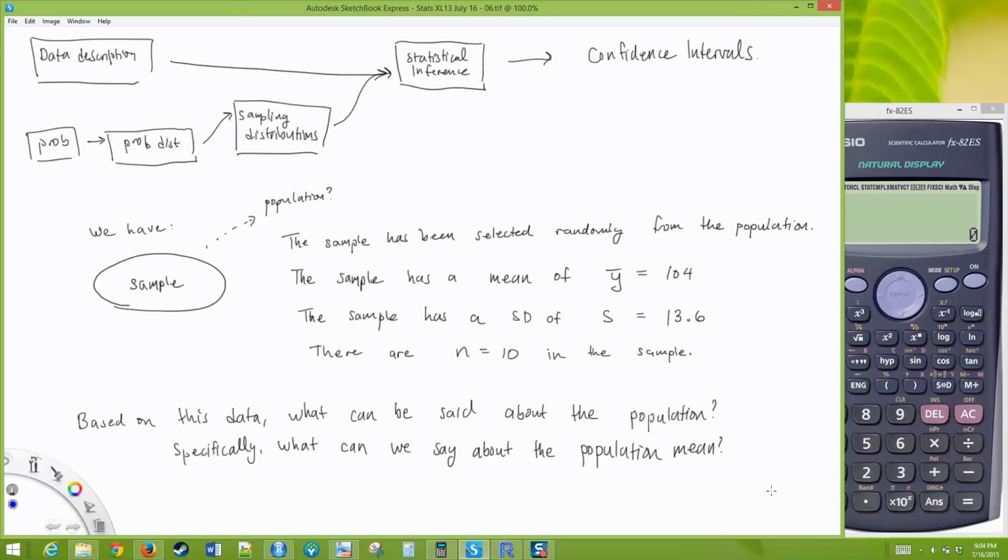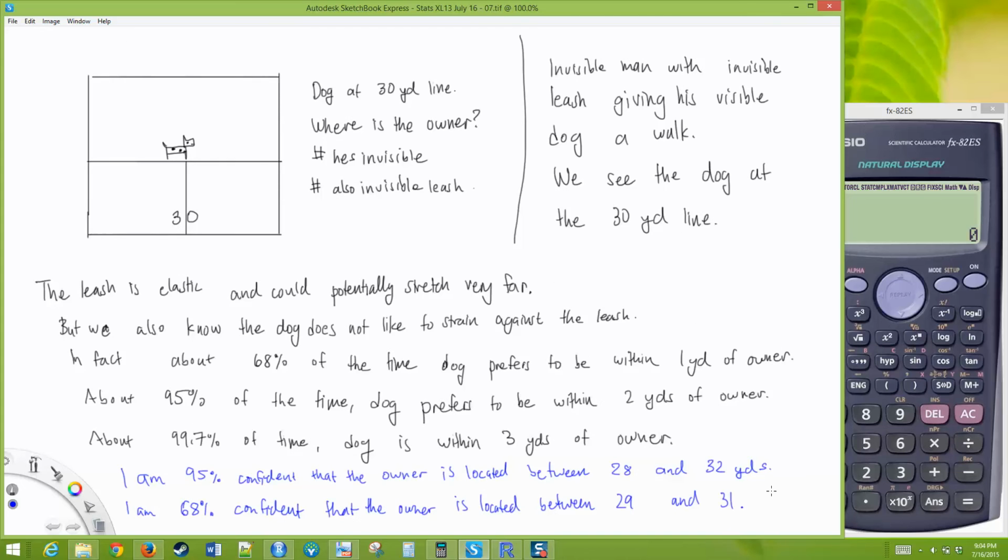It stays close to the location of the population mean. Even if we don't know where the population mean is, by knowing where the sample mean is, we can kind of infer where the population mean is. So analogous would be the dog's location is like the y bar that we see.